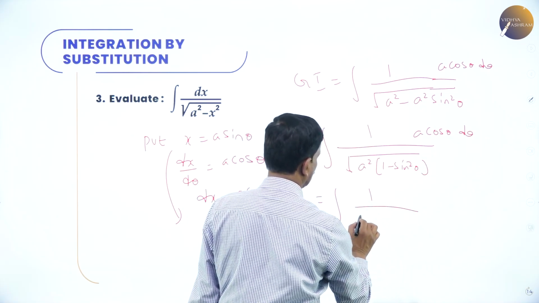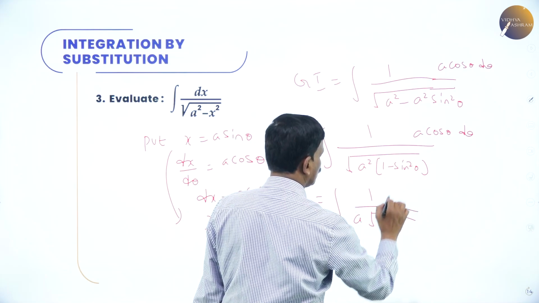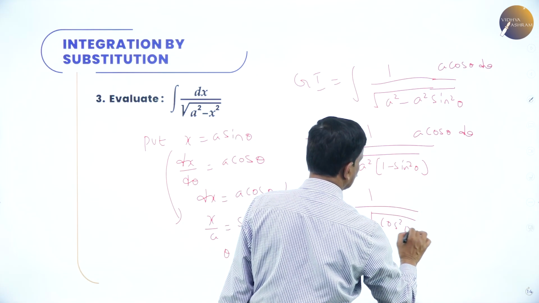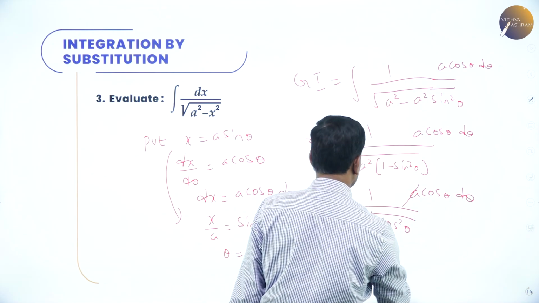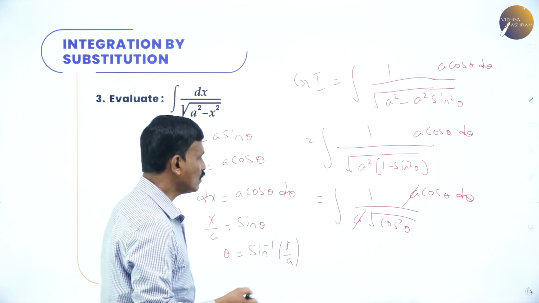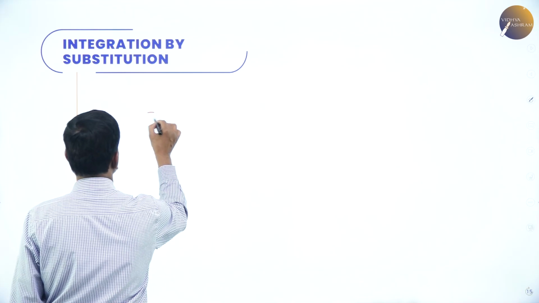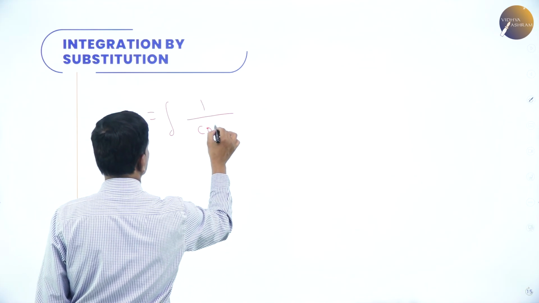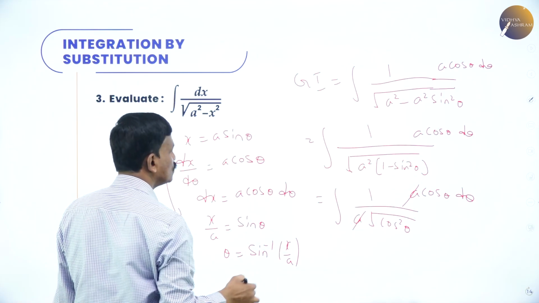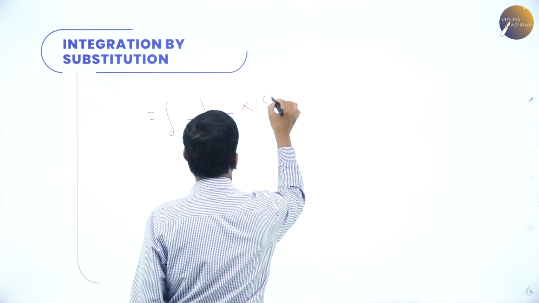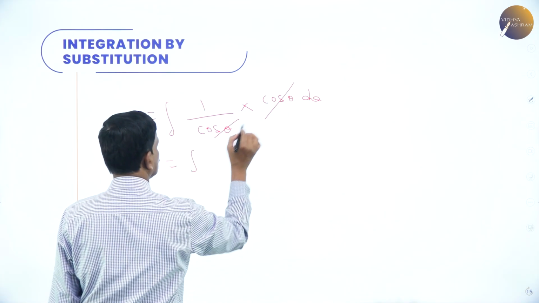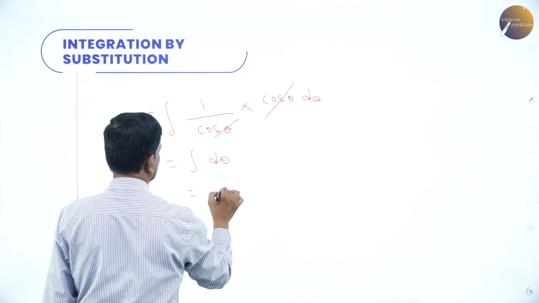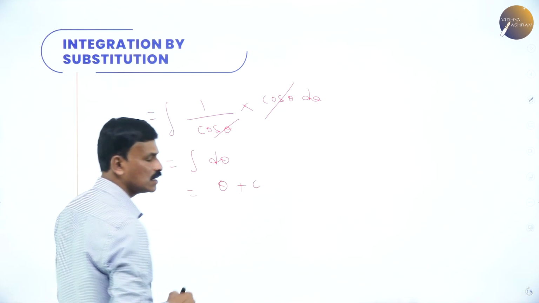The root of a square is a, and the root of 1 minus sin square theta is cos theta, into a cos theta d theta. The a gets cancelled, and the square root also gets cancelled. We get 1 by cos theta into cos theta d theta. Cos and cos get cancelled. The integration of d theta is theta.